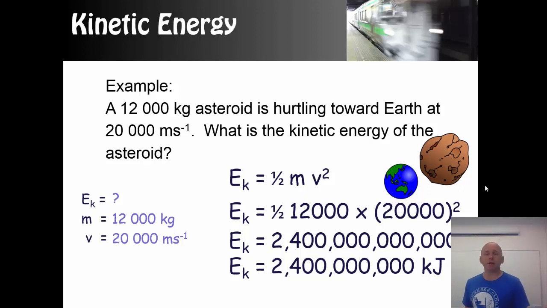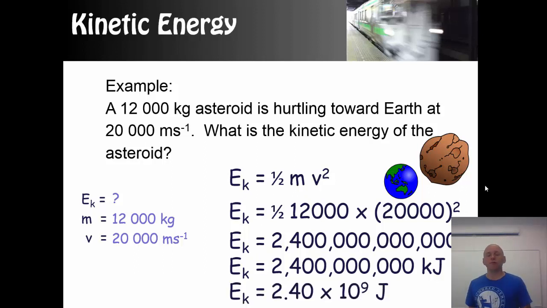A little bit better, but we can do better still if we use scientific notation. We can change this to 2.40 times 10 to the 9th kilojoules. Oops, that should read kilojoules. Sorry for that mistake.